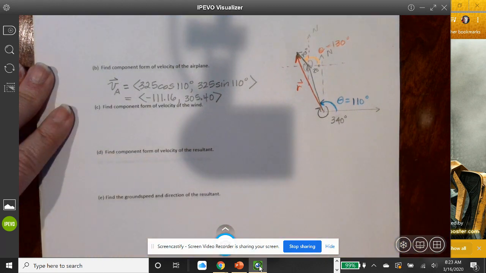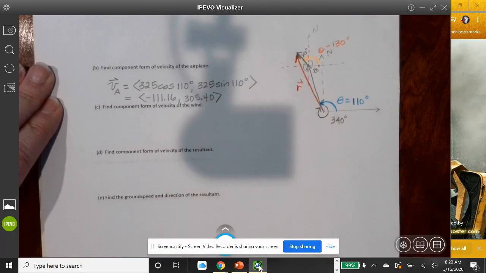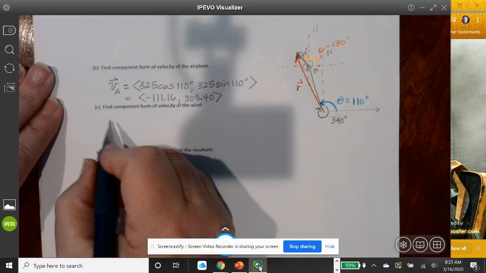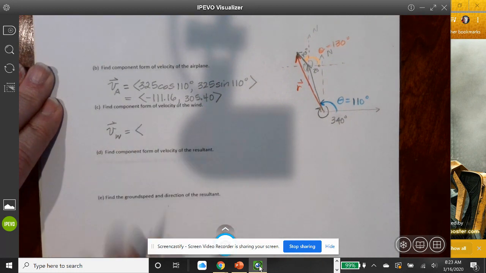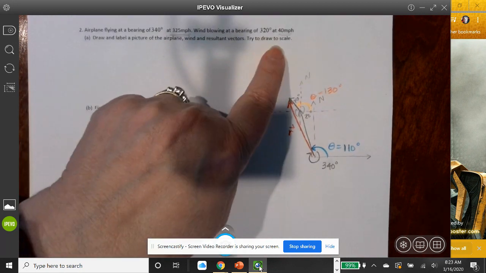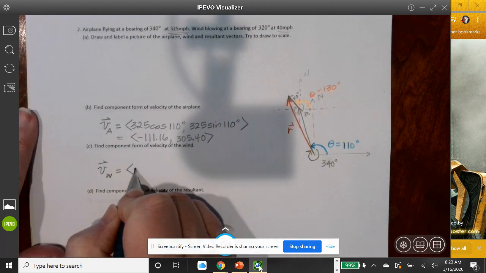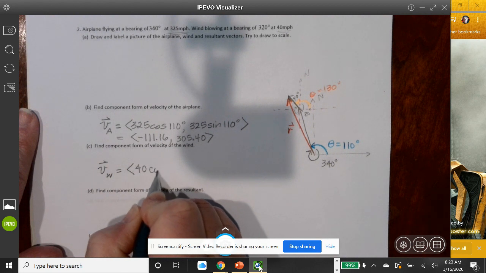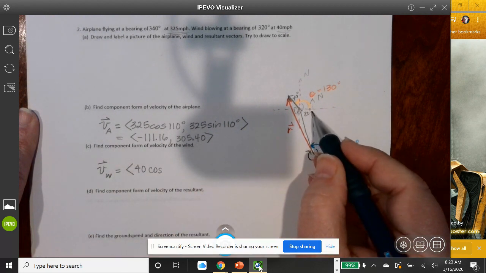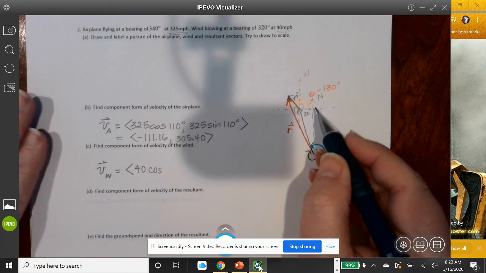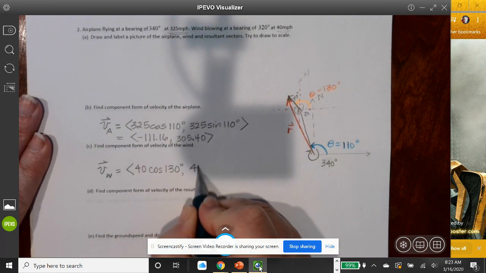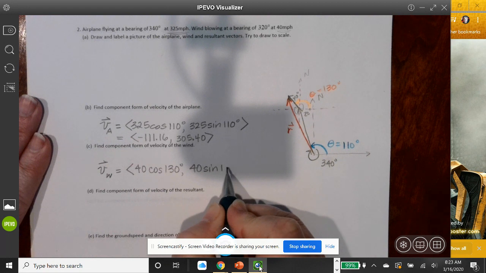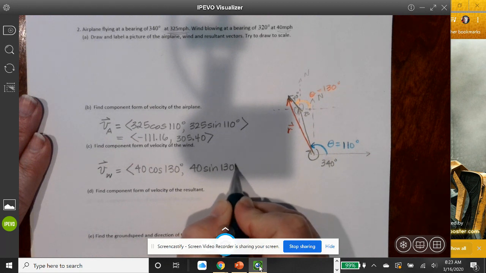All right, so let's find the component form of the velocity of the wind. The velocity of the wind is going to be the magnitude of the wind, which they said in this problem was 40 miles per hour. So it's going to be 40 times the cosine of its direction angle, which is 130, comma, 40 times the sine of its direction angle, which was 130.